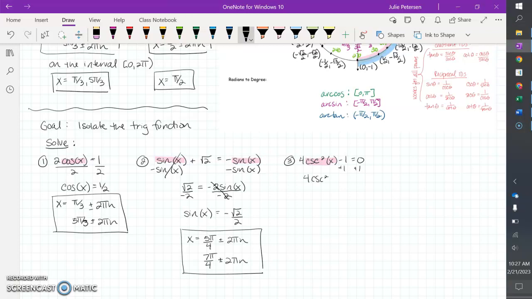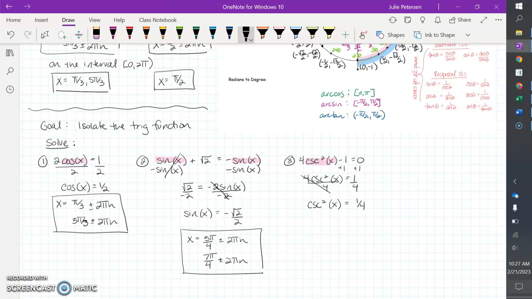4 cosecant squared of x equals 1. The next thing that we need to get rid of is that 4 that's multiplying times cosecant squared, so we're going to divide. So we can say cosecant squared of x equals 1/4. Now we're not quite done yet because we want to know what the cosecant of x equals.